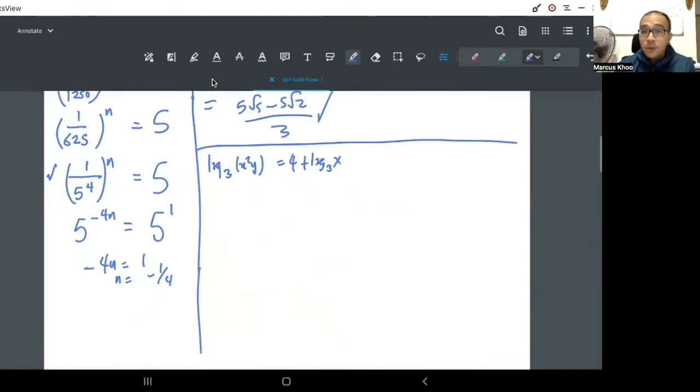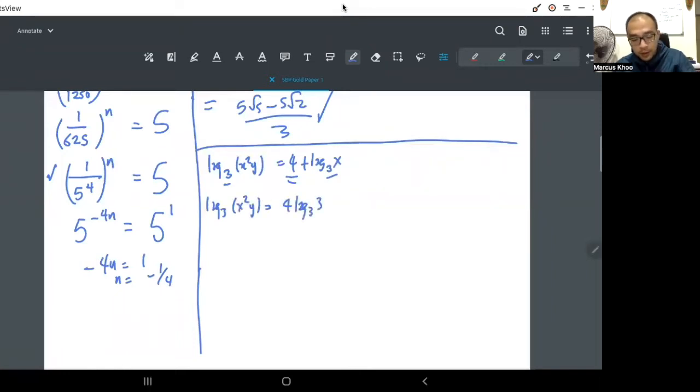Okay, so obviously one very important thing is this 4. Since this is log 3, this is log 3, we definitely have to change the 4 in terms of log 3 as well. So what we will get is log 3 x squared y equals to 4 log 3 3.